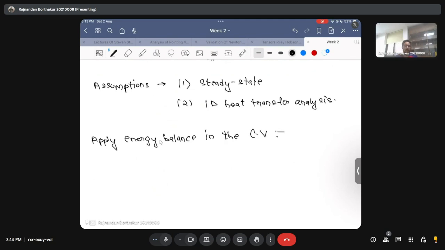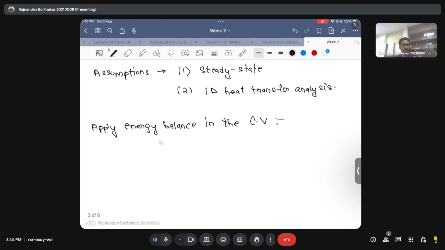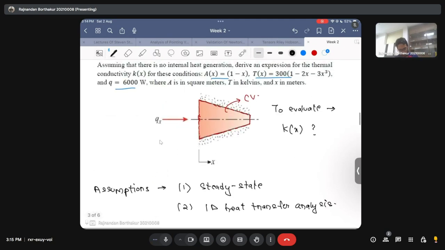Energy balance means it's just the first law of thermodynamics. That is, energy in minus energy out plus energy generated is the rate of change of energy inside the control volume. That's exactly the first law that we will use, or it's just the principle of conservation of energy. That's it. So let's write this.